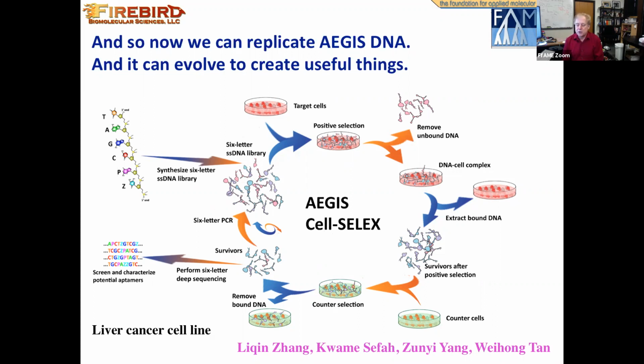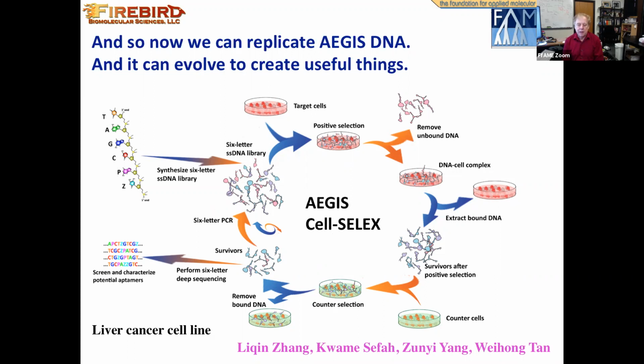In this case, these are untransformed liver cells, and we do a counter selection where we remove from the survivors that have bound to the cancer cells, survivors that also bind to the non-cancer liver cells, and we throw those away. And now we get survivors that are specifically binding to cancer cells. And of course, you then do a 6-letter PCR with some of these enzymes that have now been coming out of CSR in these systems.